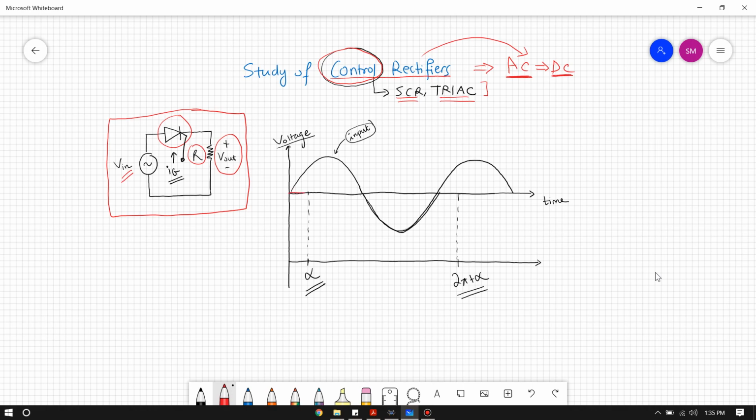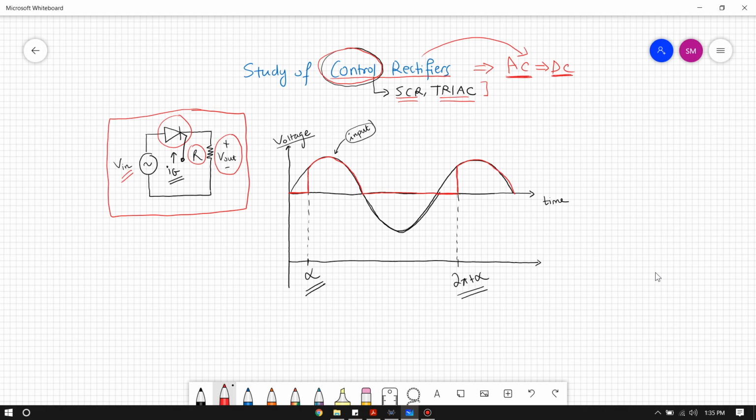It will not conduct before we supply a gate pulse. Then when we supply a gate pulse, it will start conducting, and we will observe this output across our resistor, right? During the negative half cycle, it will not conduct at all because it is reverse biased. Then during the positive half cycle, it will wait until we supply a gate pulse at time 2 pi plus alpha. Then it will start conducting. So we're getting an output sort of like this.